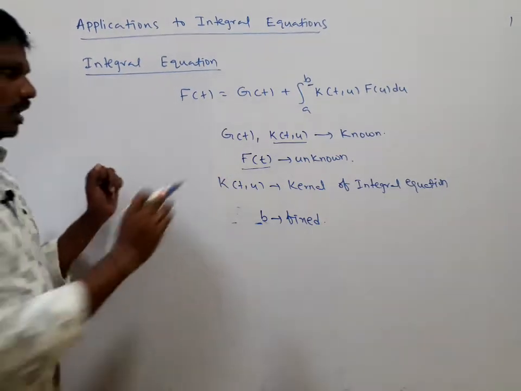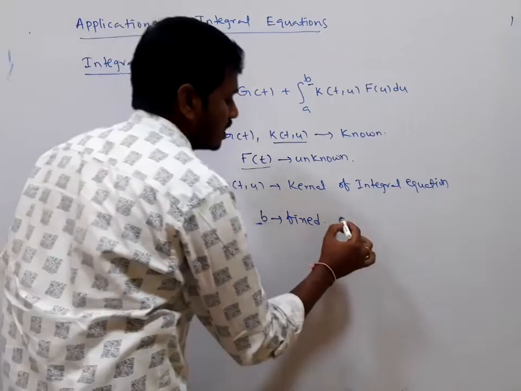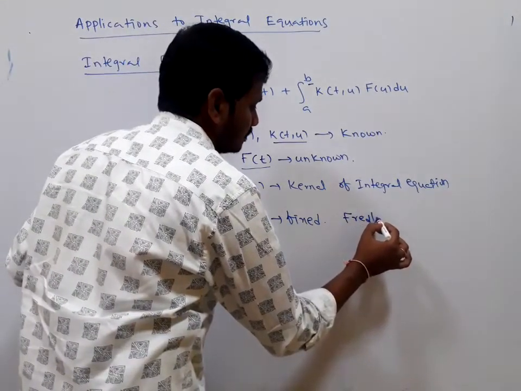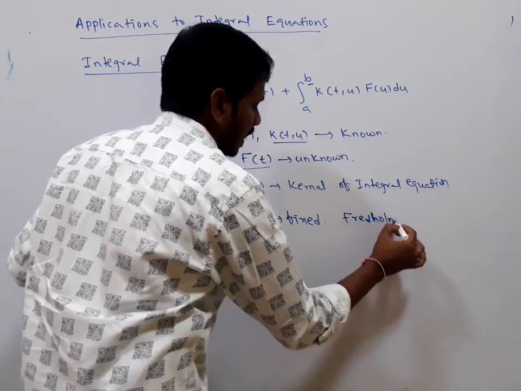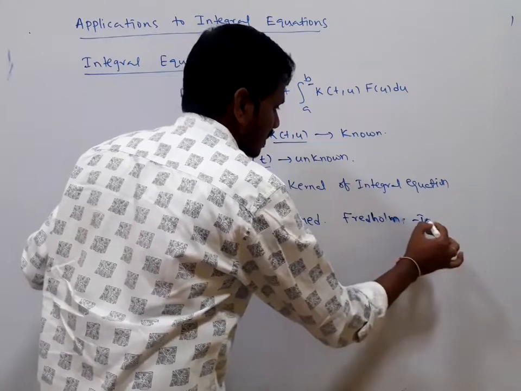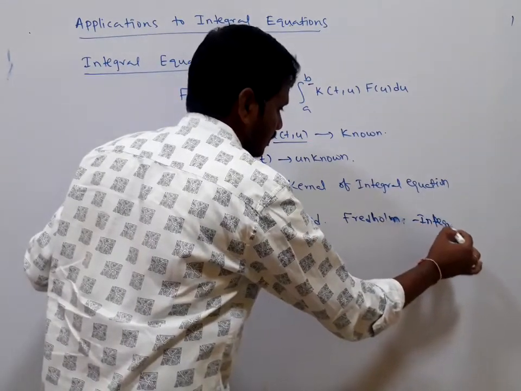As both upper limit and lower limit a and b are constants, such an equation is called a Fredholm integral equation. Sorry, not a differential equation, integral equation.